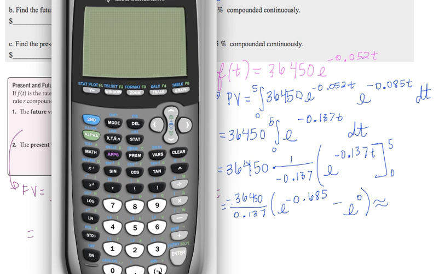Okay, so we have negative 36,450 divided by 0.137 times e to the power of negative 0.685, close that parenthesis, minus e to the 0, which is just 1.